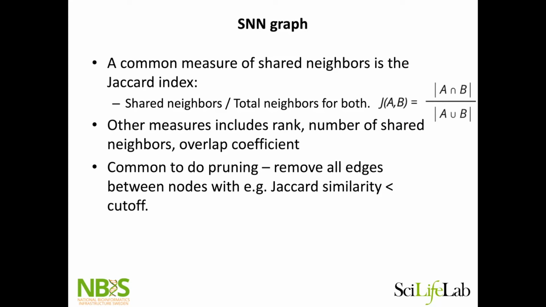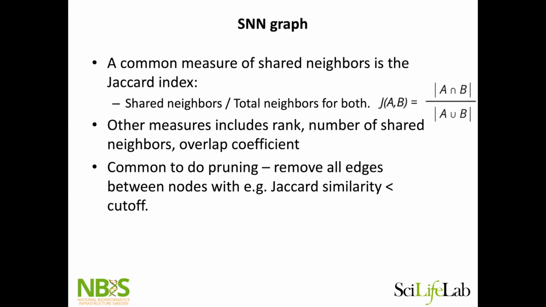So it's the intersection divided by the union. There are other measures. You can just use the number of shared neighbors, the overlap coefficient, and rank based measures. But the whole idea is, in this KNN graph we created, how similar are two cells.